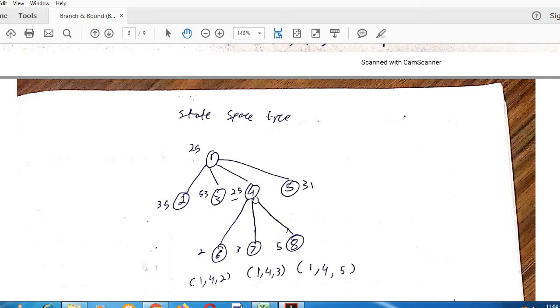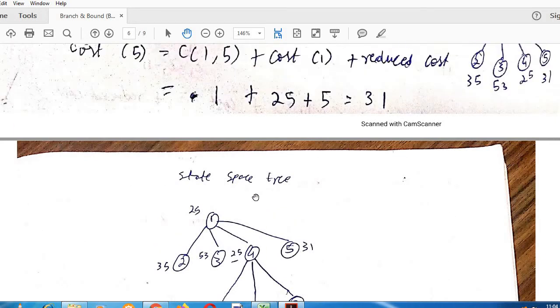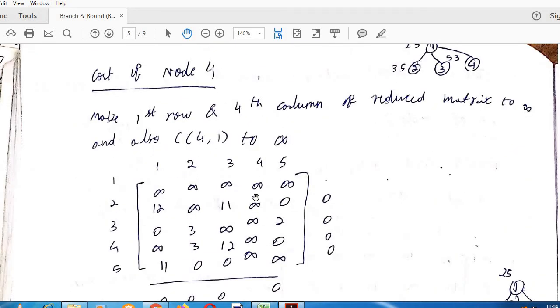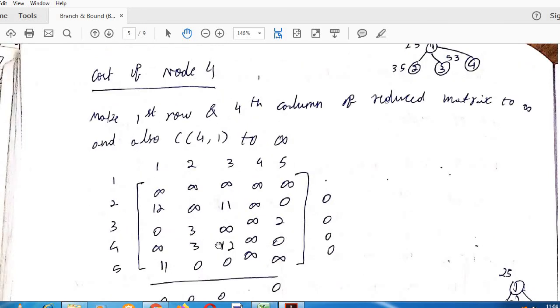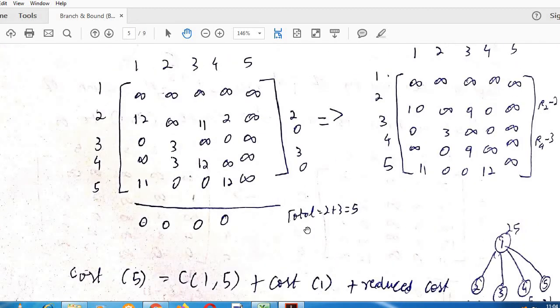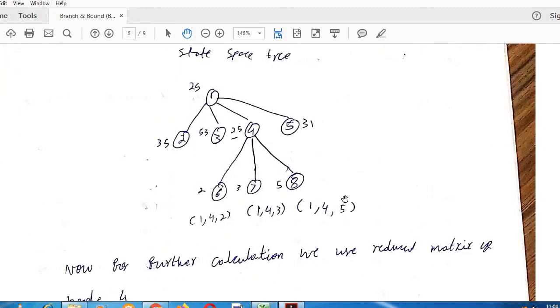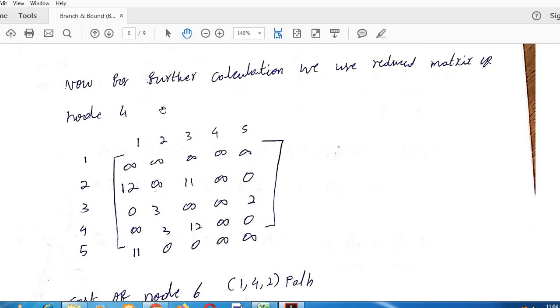Here we'll consider node 4's row minimization and column minimization applied matrix as the reduced matrix. If you see node 4's matrix, the reduced matrix was this. These values I will consider for finding out the cost for node 6, node 7, and node 8. As you can see, I have considered the reduced matrix of node 4.